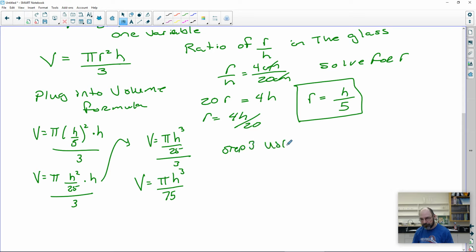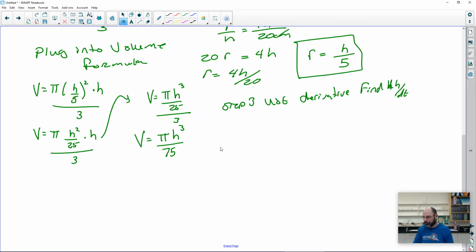use differentials or derivative to find dh/dt. Okay, so let's go ahead and do that here. Again, I'll make some more space. It's a longer question. Okay, so we're going to go with this formula right here.